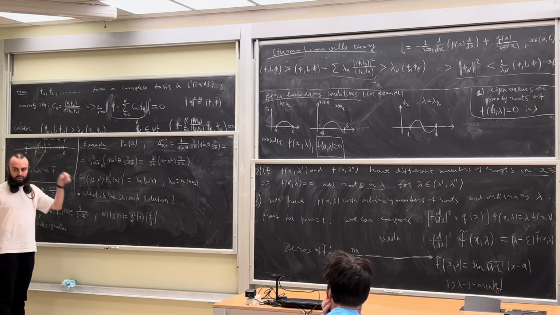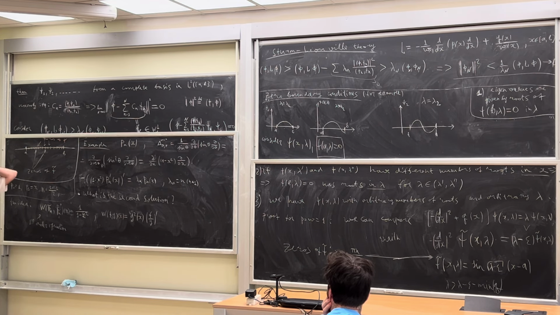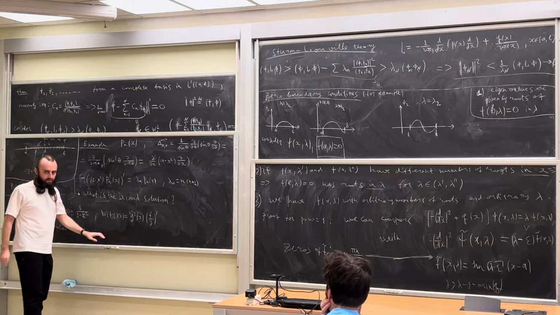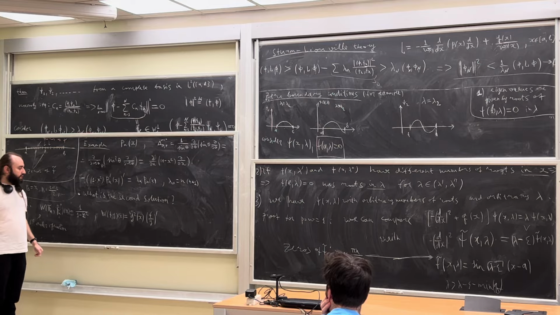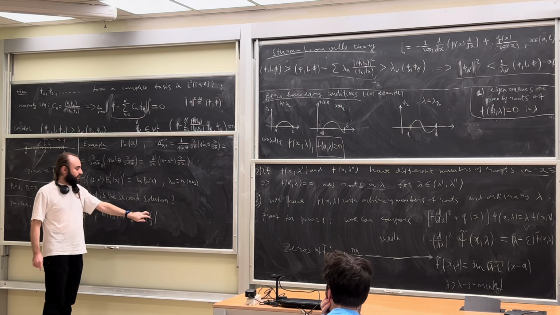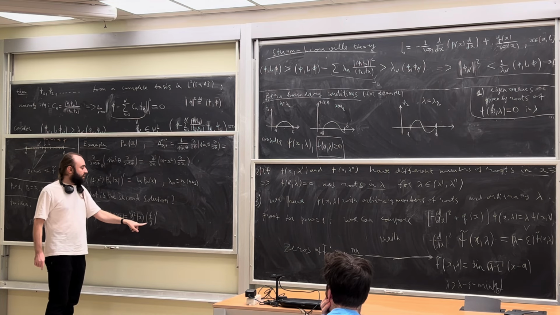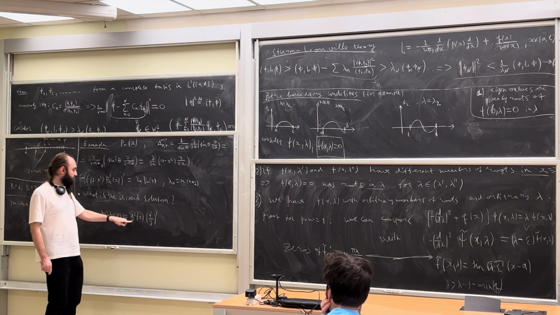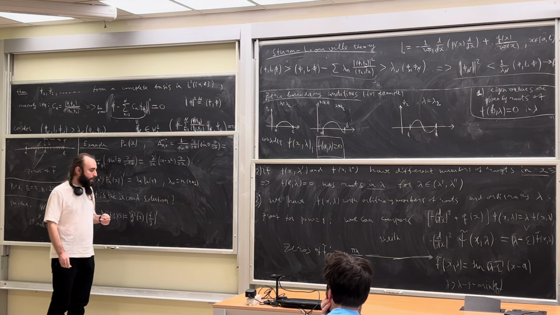Is it clear? Well, it's simply this ratio: f prime g minus g prime f divided by g squared, and multiply by g squared and get the Wronskian.